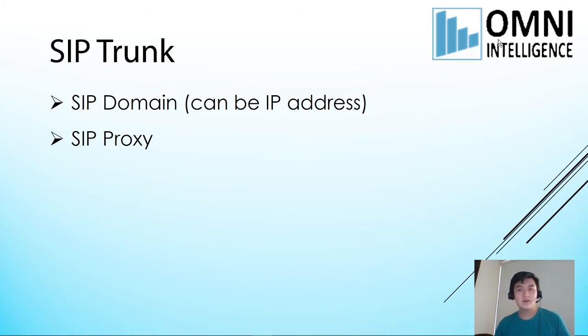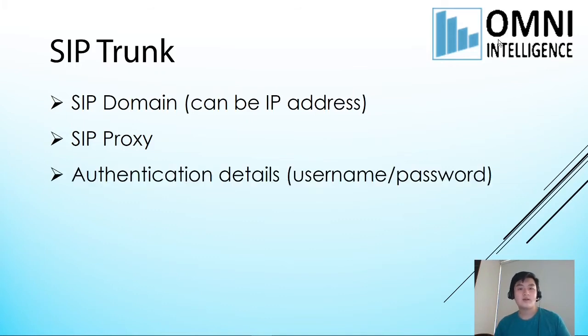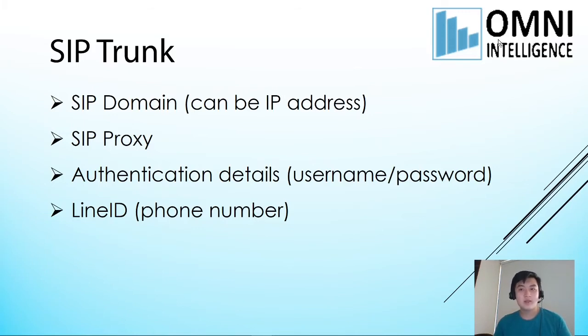If authentication is enabled in the SIP server, the trunk will also need these credentials as well. In Omni Intelligence, we also have line ID as part of the SIP trunking configuration. This is because Omni Intelligence script will act as Alice, and the line ID would be Alice's phone number.